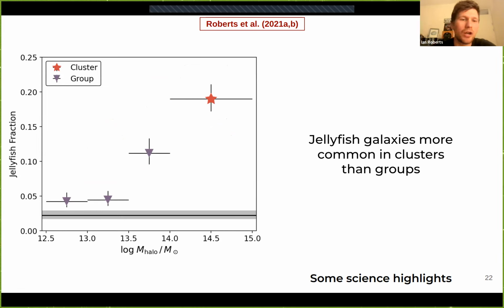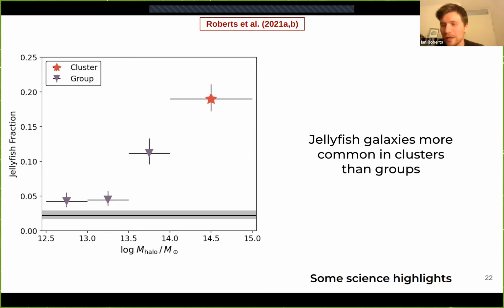That's what I'm plotting here on the left: the fraction of jellyfish galaxies, as a fraction of the total number of star-forming galaxies in these groups and clusters, as a function of halo mass. Low mass groups are on the left-hand side of this plot and massive clusters like Coma on the far right. What we find is this pretty clear trend with halo mass, where these jellyfish galaxies are most common in massive clusters.